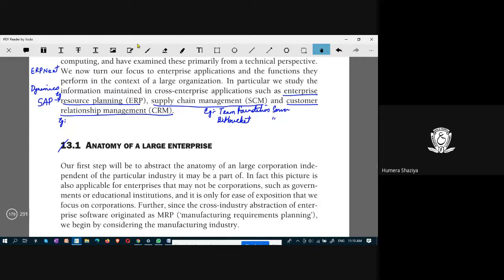For instance, you have salesforce.com. It provides a CRM which is used by enterprises. And Microsoft Dynamics can also be used as CRM software.